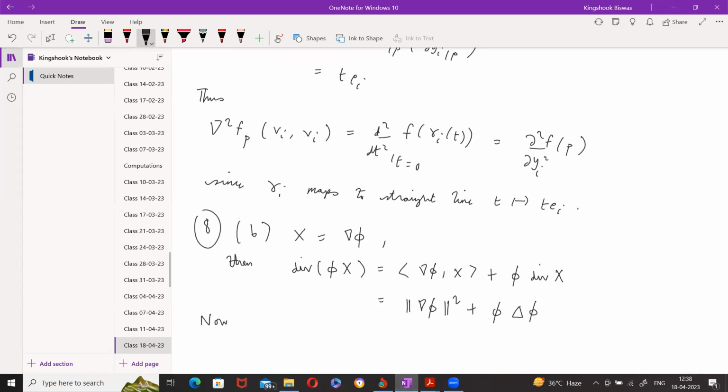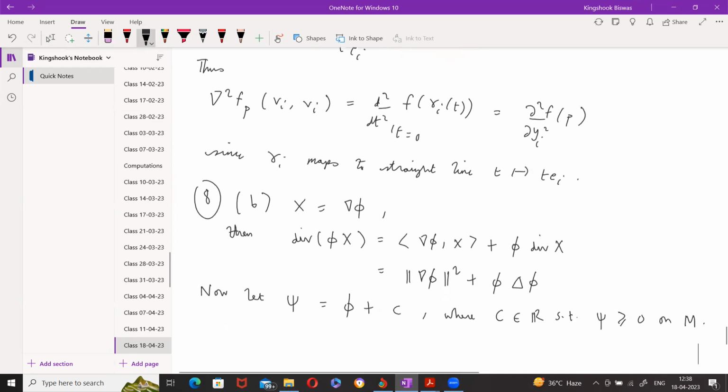Now let psi equal to phi plus a constant c, where c in R is such that psi is greater than or equal to 0 on M. This I can do, because phi is bounded below, M is compact.